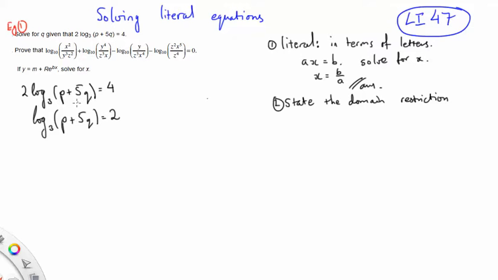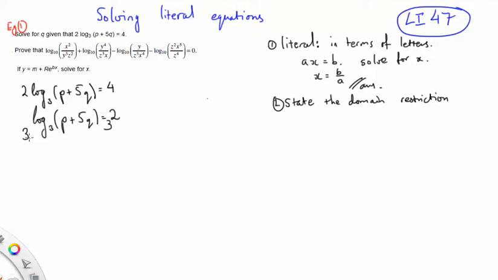Now I'm going to use some log laws. So if you need to look up your log laws to find out what I'm about to do, please do so. What you can do is put a 3 down here on both sides. So you can take each of these to be a power.